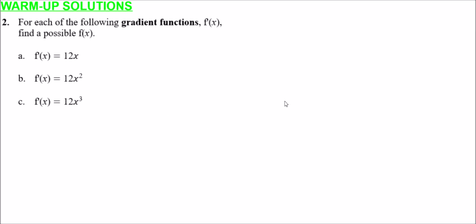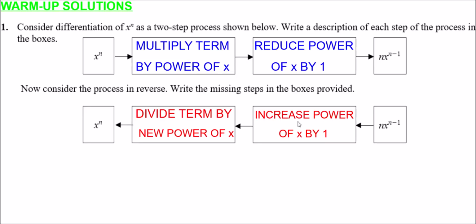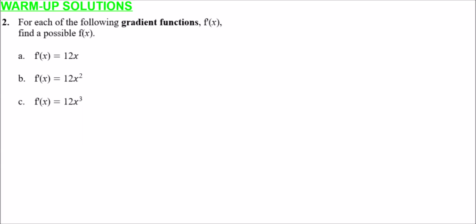Just taking this a bit further, question 2: imagine we've got these gradient functions f dashed of x. Imagine what the possible original f of x may have been before it was differentiated. If we think about question 1, the reverse step, and apply this now. First of all we need to increase the power of x by 1, then divide by that new power. For the first one, 12x becomes 12x squared, and then divide by that new power.